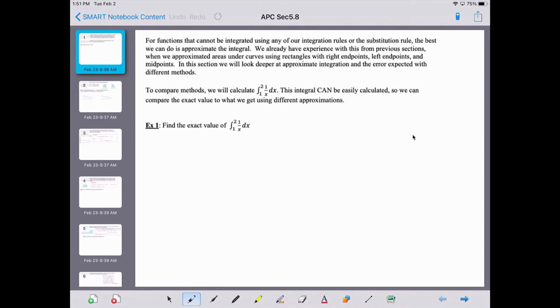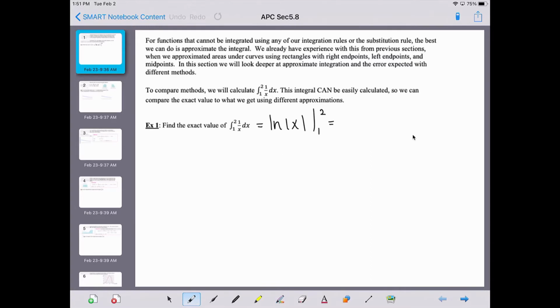We know that 1 over x is the derivative of natural log x, so therefore the integral of 1 over x would be ln x, right? So this is going to be equal to ln of the absolute value of x, on the interval from 1 to 2.